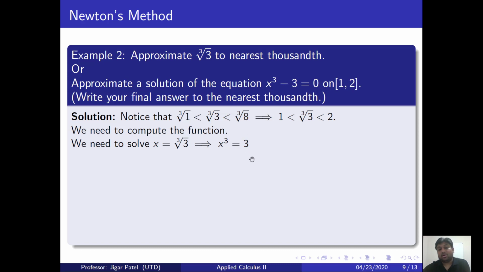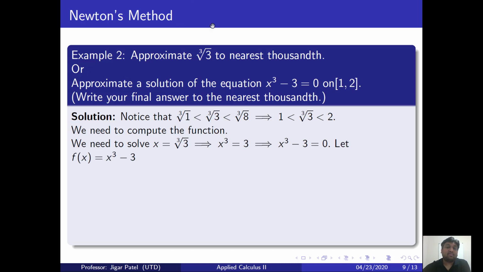Now apply the steps I defined earlier. Shift everything to the left side, making sure the right side is 0, so I get x cube minus 3 equal to 0. Now label the left side as a function.